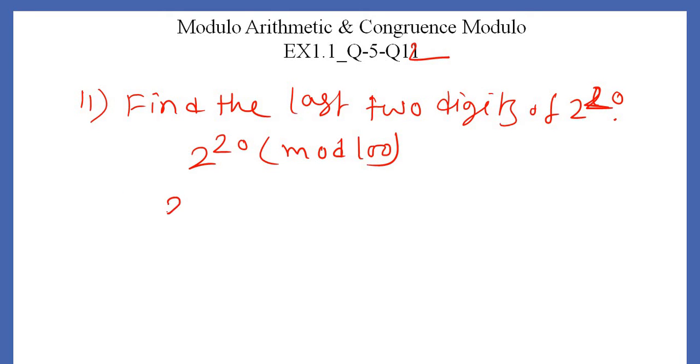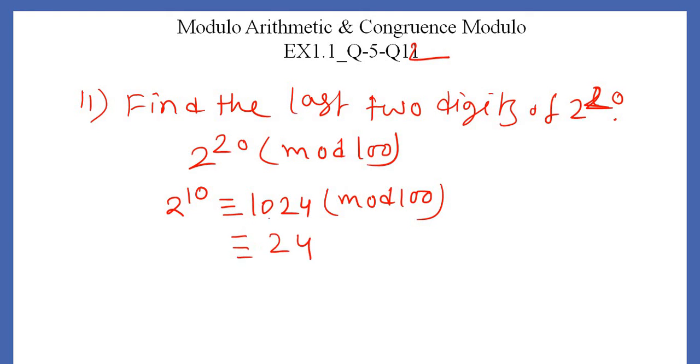If we write 2 to the power 10, then what do we have? What is the value of 2 to the power 10? That is 1024.